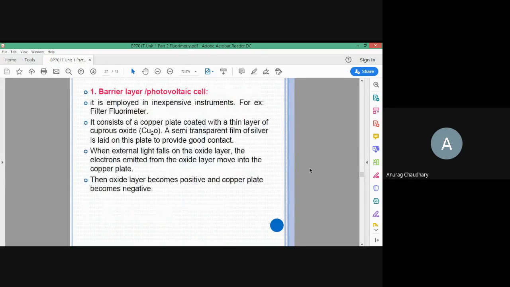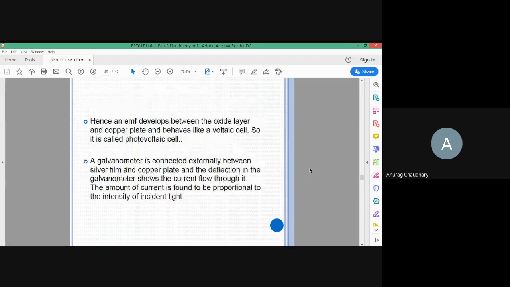So first detector is barrier layer or photovoltaic cell. Now this consists of a copper plate coated with a thin layer of cuprous oxide over which a semi-transparent film of silver is laid. So when external light falls on the oxide layer, it causes emission of electrons from this oxide layer, which move into the copper plate. Since there is emission of electrons from the oxide layer, the oxide layer becomes positive and the copper plate becomes negative.